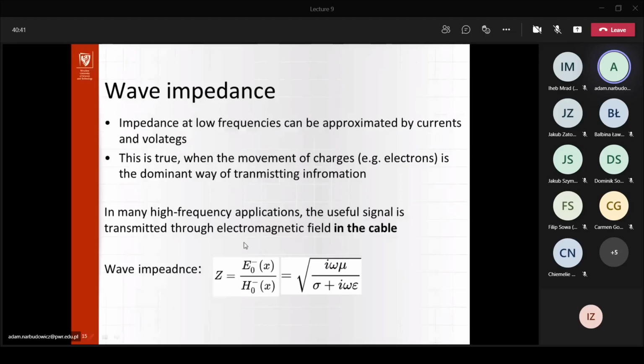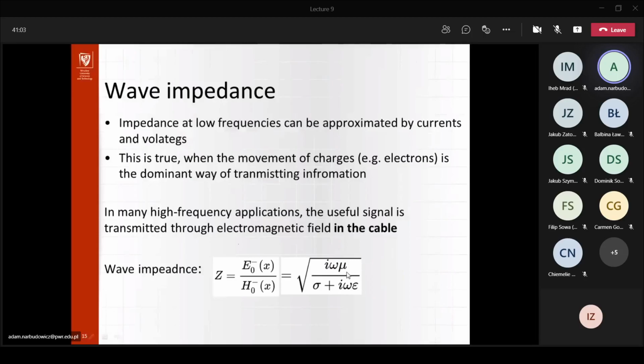Then basically the calculation comes from the parameters of the material. I won't make a long mathematical derivation of this.